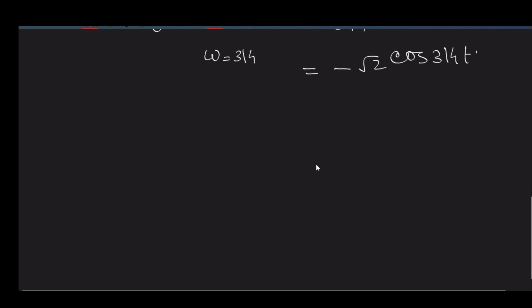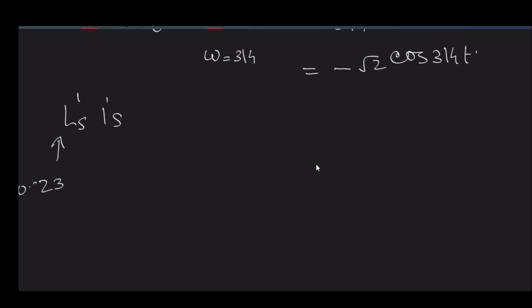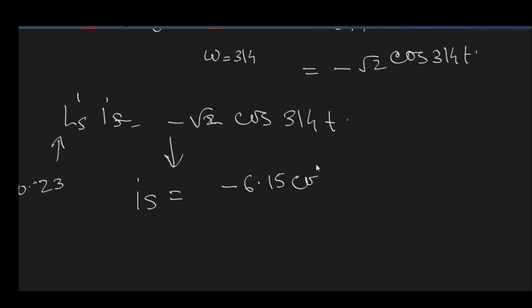So if that is the case, then obviously you know Ls dash is 0.23. So from this expression is minus 2 cos 314t. From this expression you can find out the value of IS, that will be minus 6.15 cos 314t.